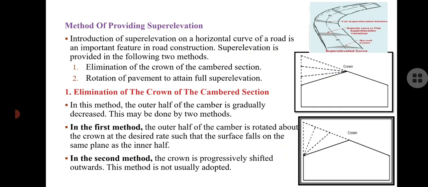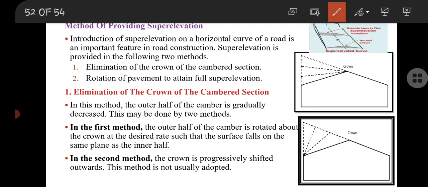Here is how we will provide super elevation on the road. The super elevation is provided by two methods: shifting of crown and rotation of pavement, to attain the full amount of super elevation. Rotation of pavement means what? Rotation of pavement about the center or with respect to an edge. Elimination of crown: the crown is the highest point on the road surface.